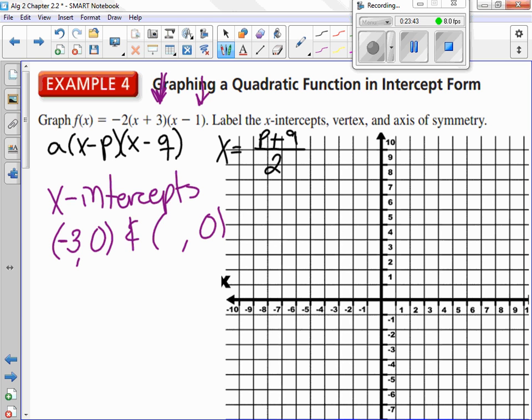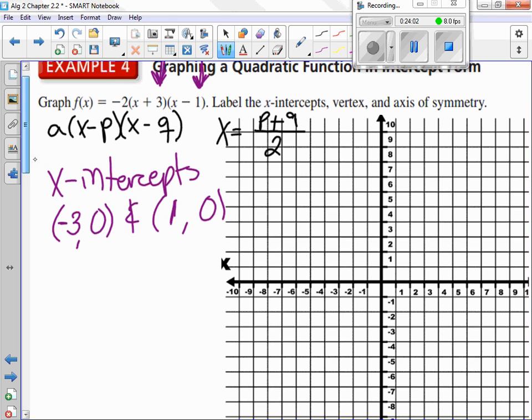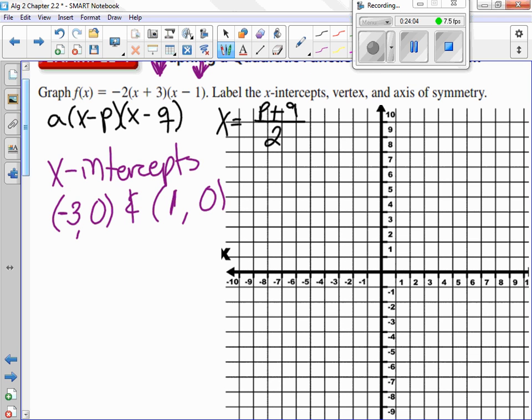Comes out opposite of what we think. Here we have minus 1, so it'll be positive 1. And those are our two intercepts. Negative 3, 0, 1, 0. And if I wanted to graph those, I could go negative 3, 0, 1, 0.